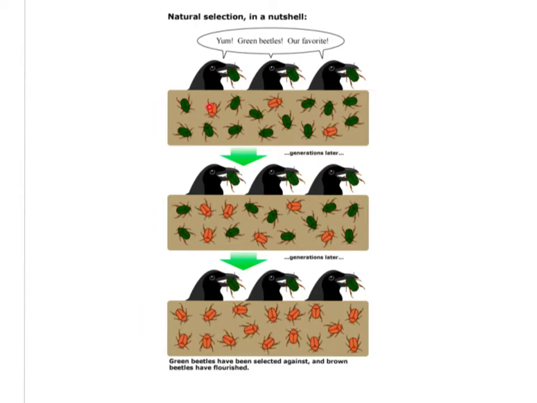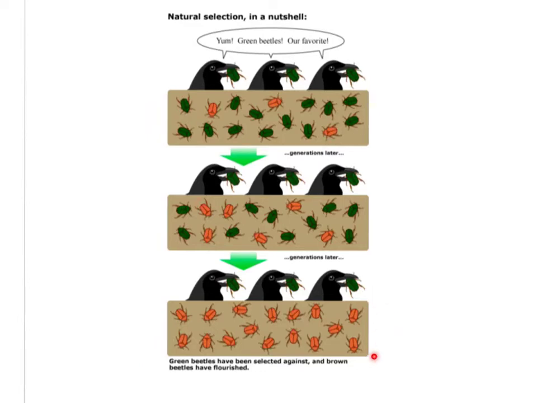Even though there aren't very many of these orange beetles, the green ones are removed from the population at a very regular rate. And generations later, we're going to find that the population of these other beetles has risen because they are not being selected out of the population by the predator.